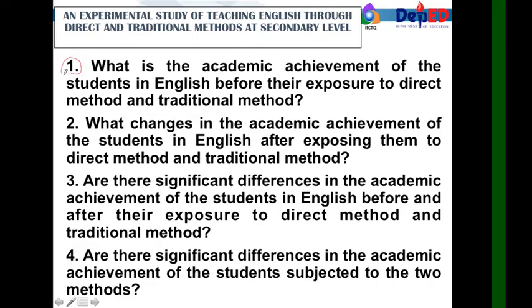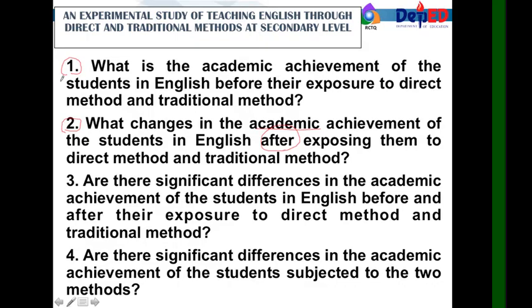Sa number 1, tinatanong kung ano ang kanilang performance sa English bago turuan o bago i-expose yung bata doon sa dalawang methods. Sa number 2 naman, ano ang nag-iba o ano ang academic performance ng mga bata sa English after naman nilang ma-expose sa traditional and direct method.